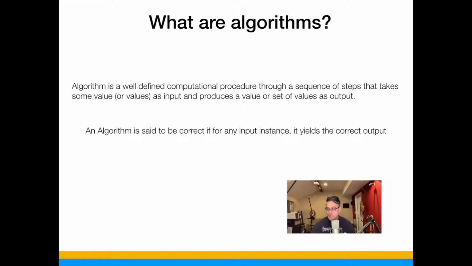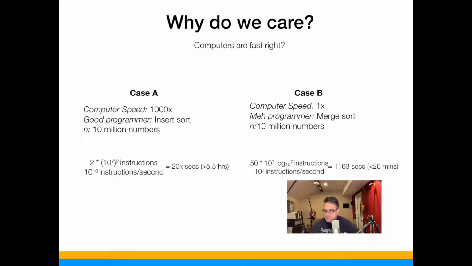And for us to consider that the algorithm is correct, it's as simple as it produces the correct value. For any values that it's given, it produces the adequate value.